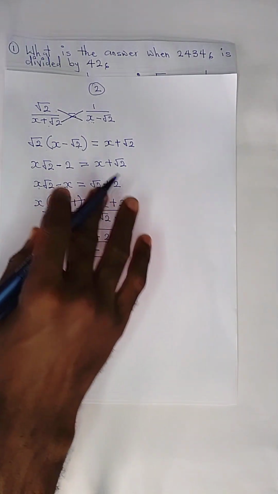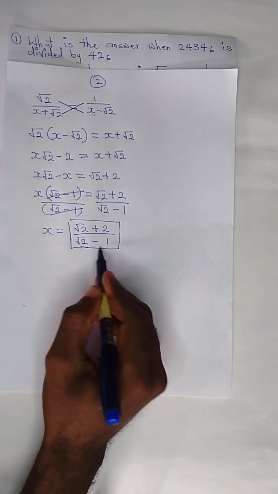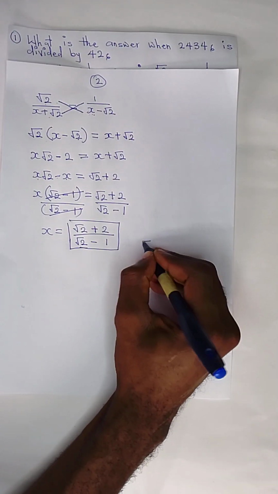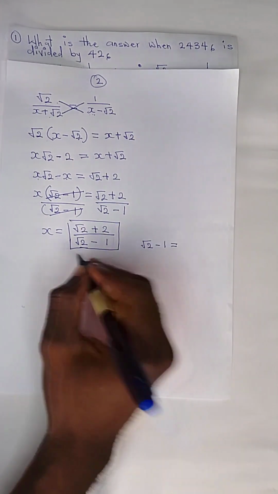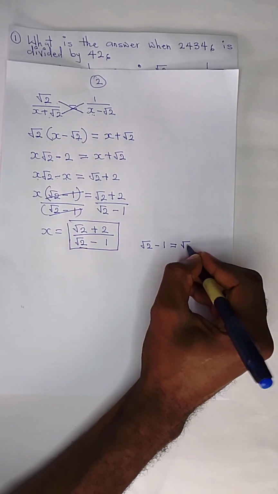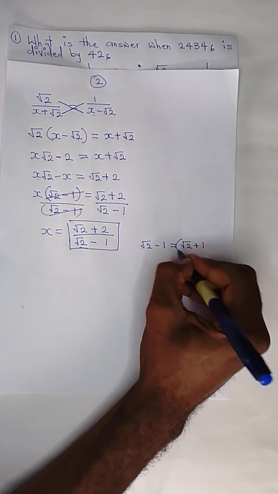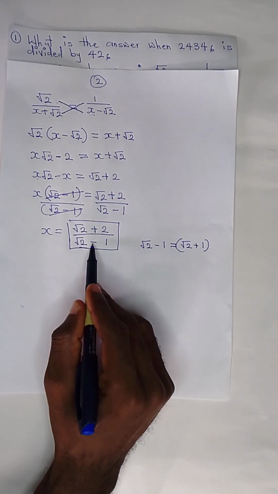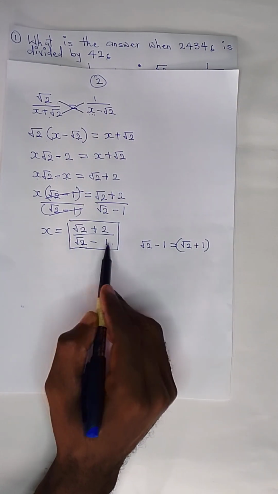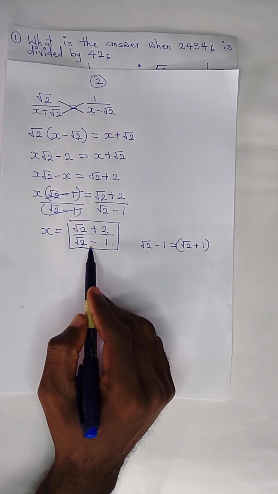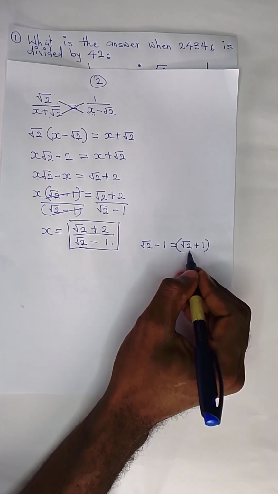What I mean by conjugate is this denominator that is root 2 minus 1. The conjugate is going to be root 2 plus 1. This is the conjugate. If this place was to be plus, then the conjugate will be minus. But you don't change the number, you only change the sign. Okay? So now, this is the conjugate.